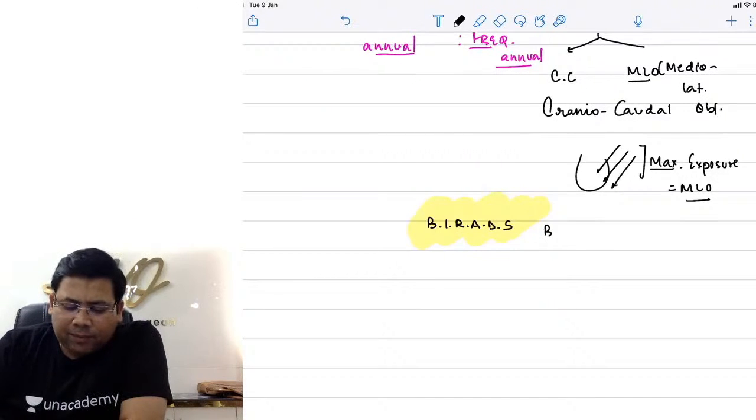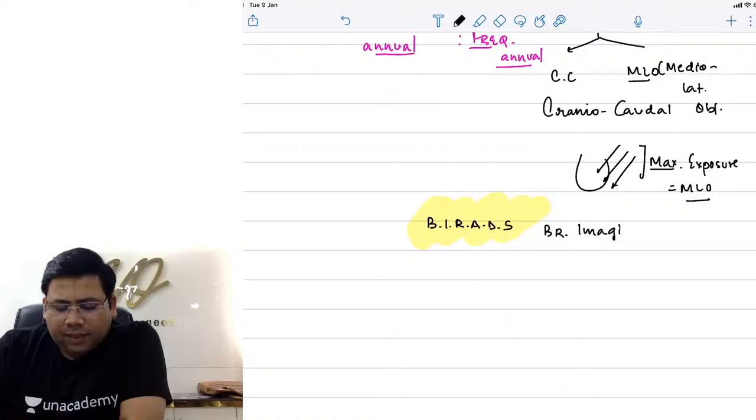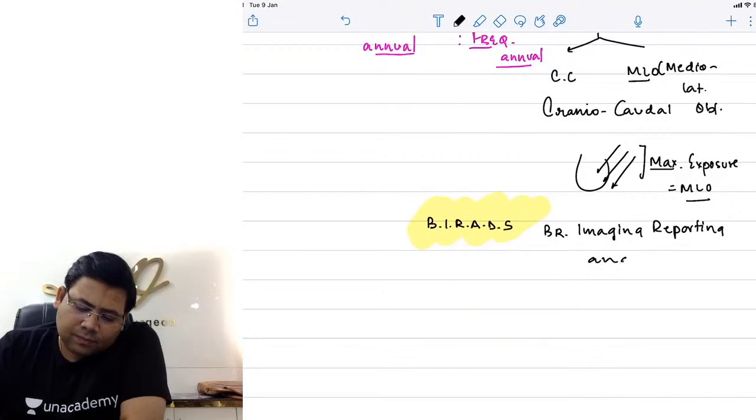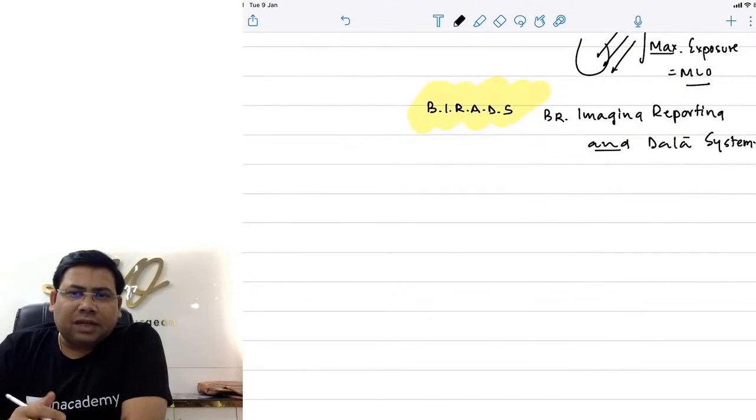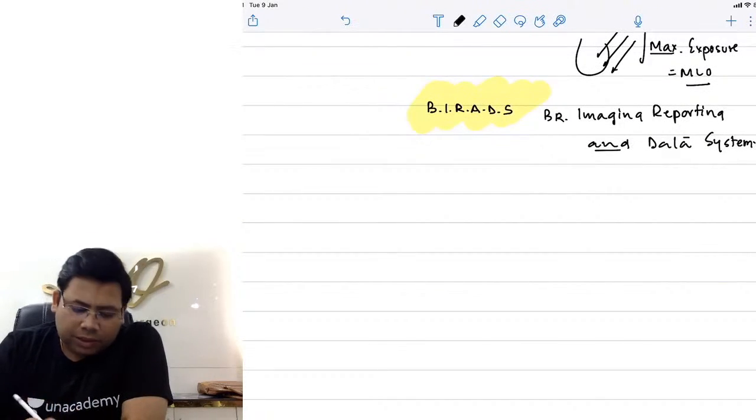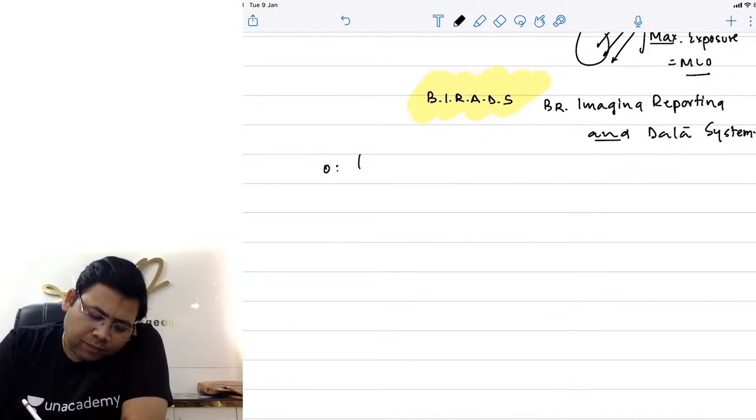So BI-RADS, breast imaging, reporting and data system. By means of BI-RADS, I want to know how close my pathology is to malignancy. BI-RADS 0 means inconclusive.